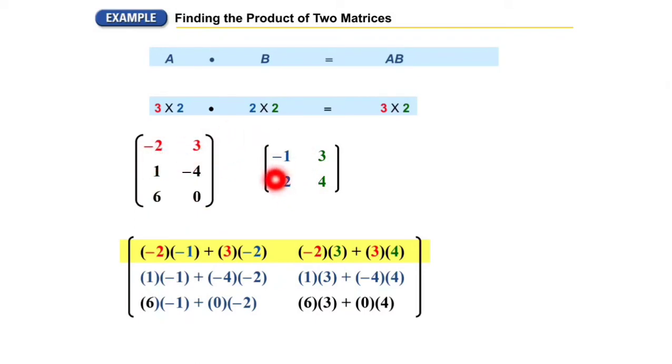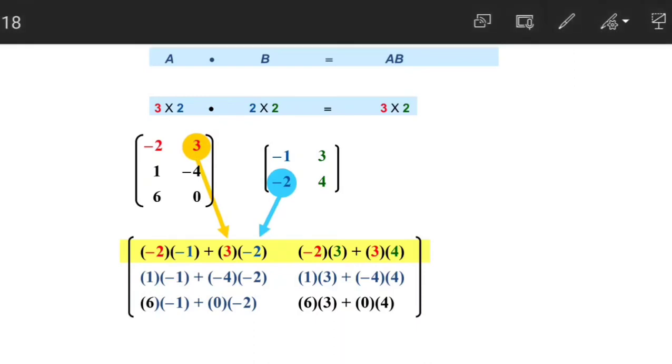The next step is minus 2 into minus 1, you have to write here, plus 3 into minus 2. This is the first element, that is R1C1.